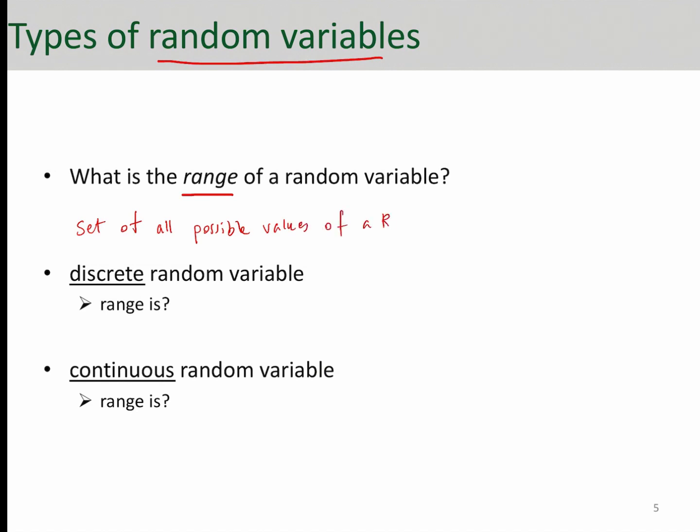We talked about discrete random variable versus continuous random variable, and the difference really comes down to the range. When the range is countable, the random variable is discrete, and when the range is non-countable, the random variable is continuous.